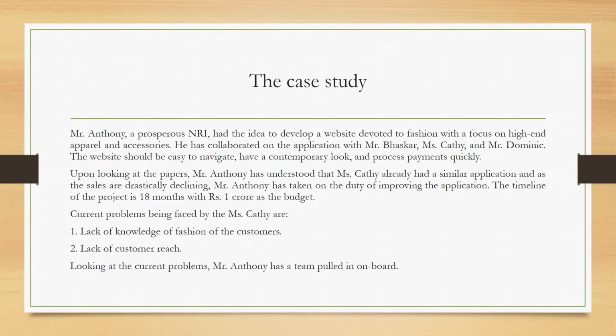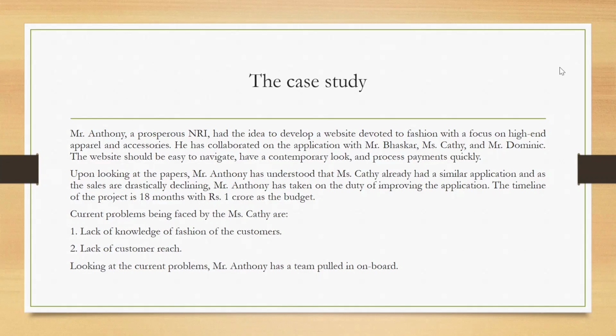Already Miss Kathy had a similar application, but the sales of that application are drastically declining. Mr. Anthony has taken a few inputs from that application, and he wants to create another application.